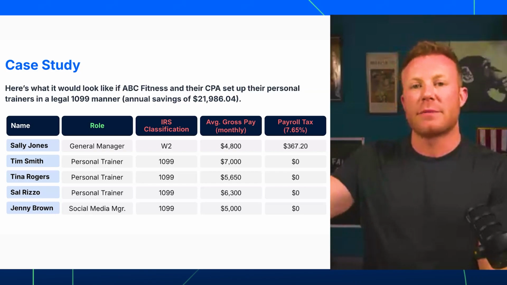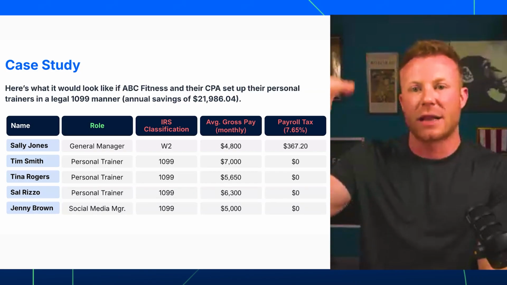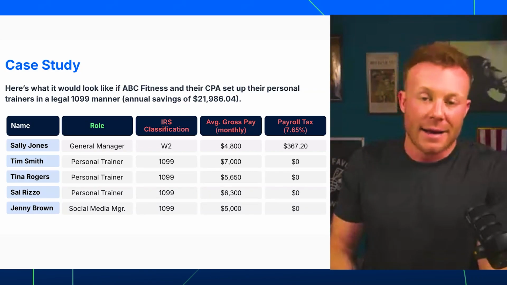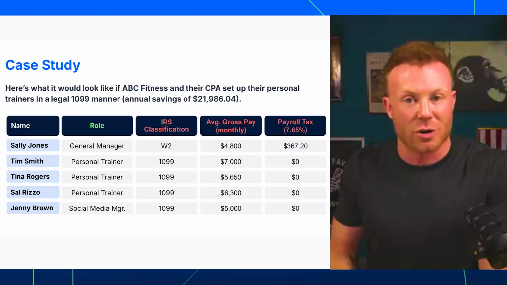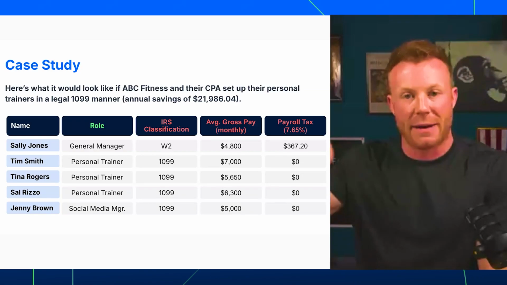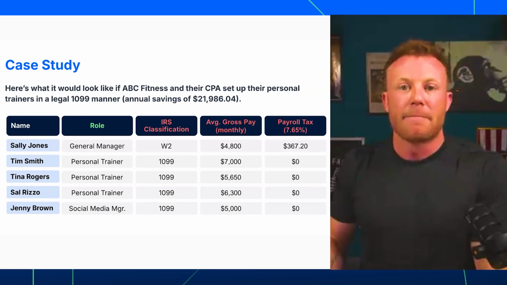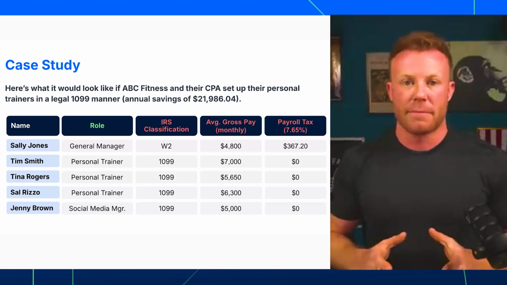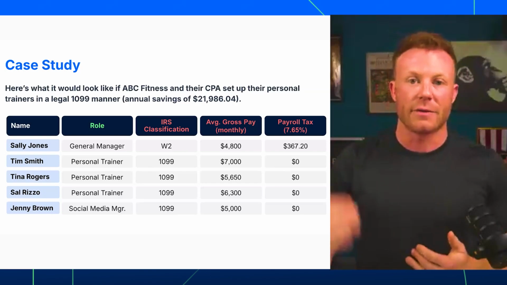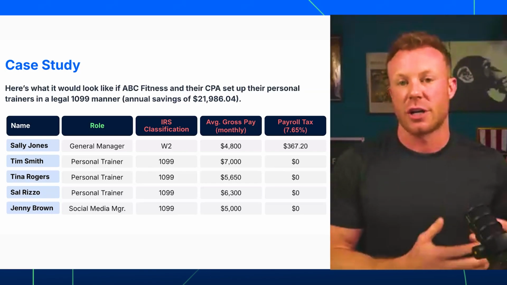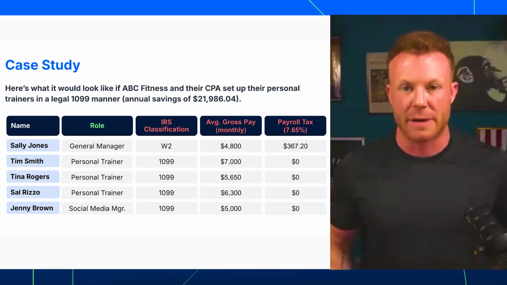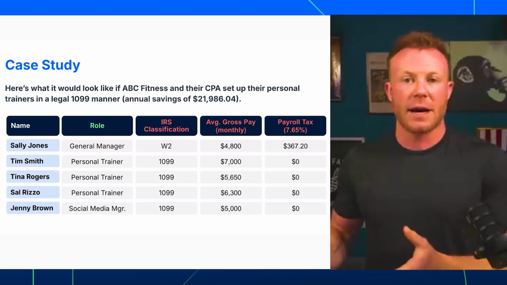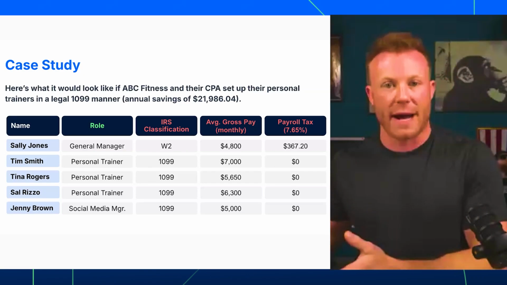Are you hiring them as a social media manager and telling them exactly what to do? Are you hiring them because, dude, I don't know anything about TikTok and I'm not sure how to install pixels on landing pages, so I'm having this person do it? There are many roles within the gym that are true by the letter of the IRS and by the interpretation of many, not all CPAs. They could be a 1099 contractor.